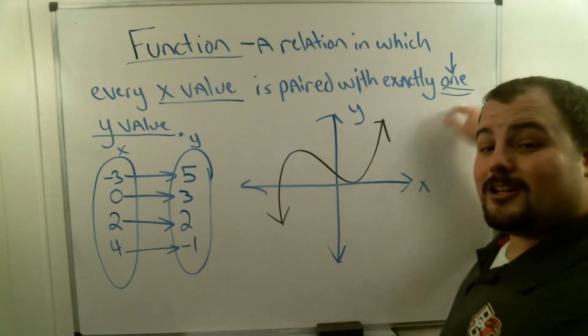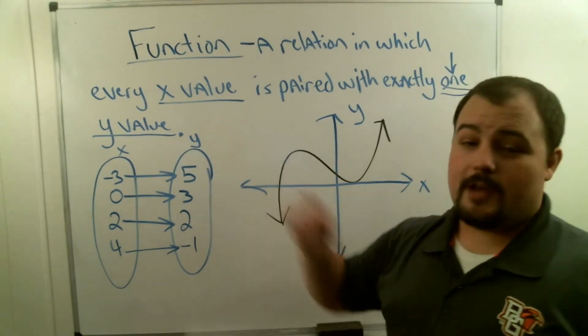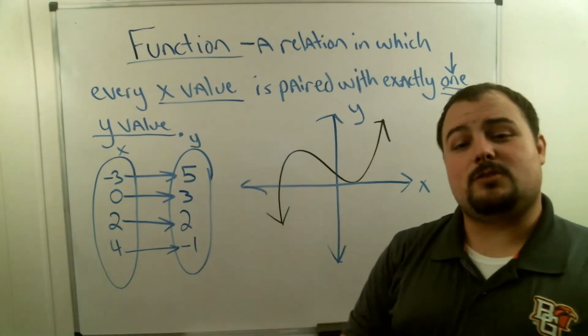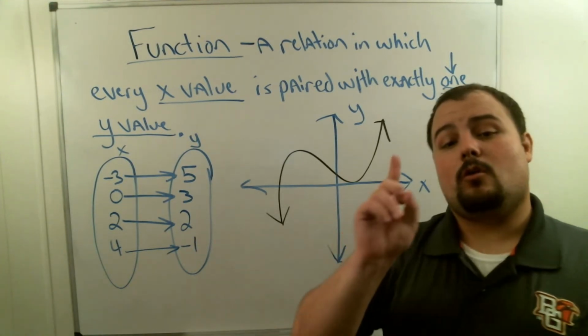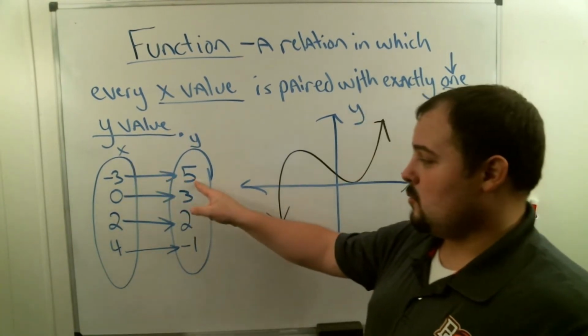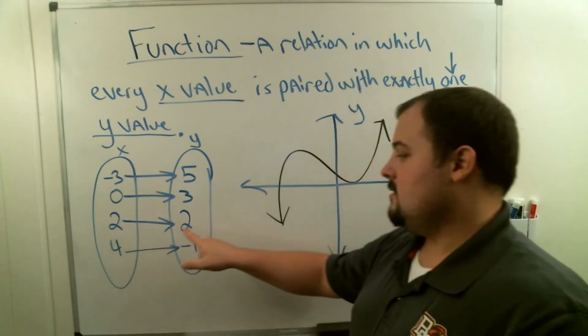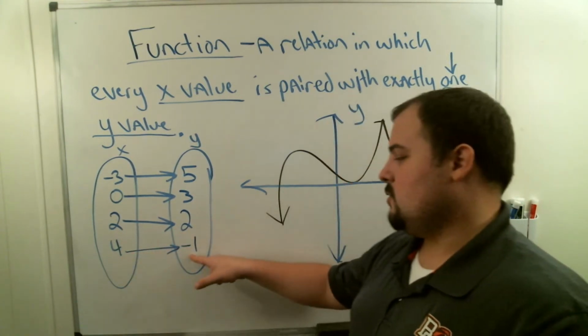Now I double underlined it and pointed an arrow. You're only allowed to have one y value. So a function is where every x is only paired with one y value. So 1 x to 1 y, 1 x to 1 y, 1 x to 1 y, 1 x to 1 y.